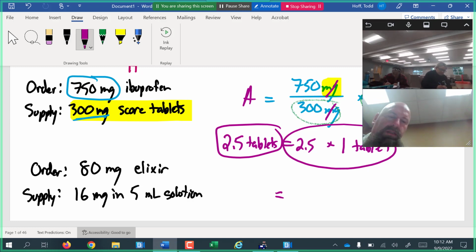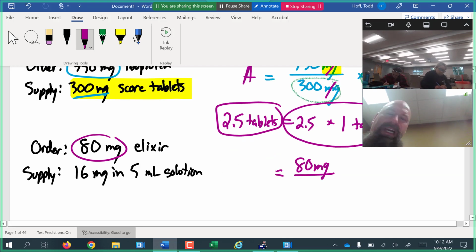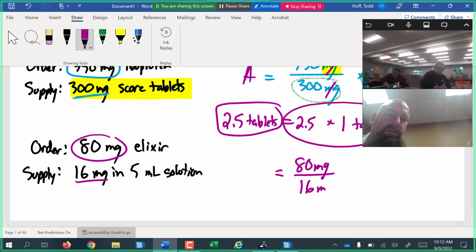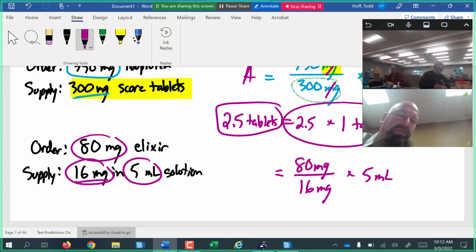So here again, the doctor's order is the 80 milligrams. My on-hand dose has to have the same units, has to be milligrams. That's my 16 milligrams. Times my vehicle. Well, that 16 milligrams is contained in 5 milliliters. So that'd be my vehicle.